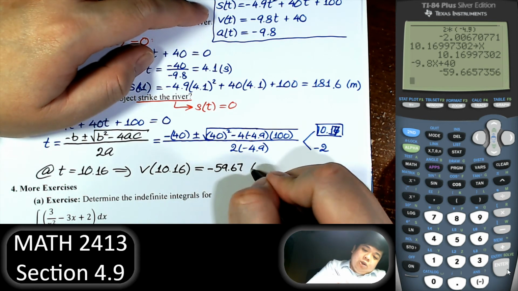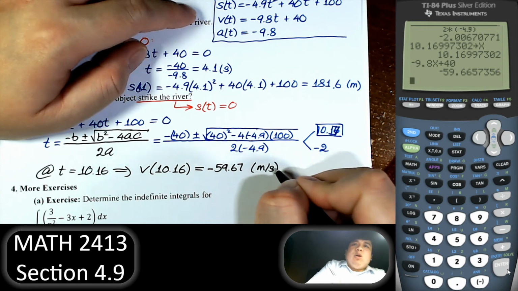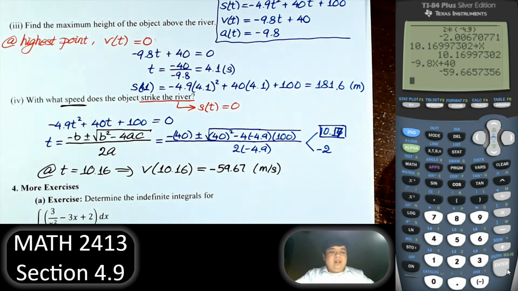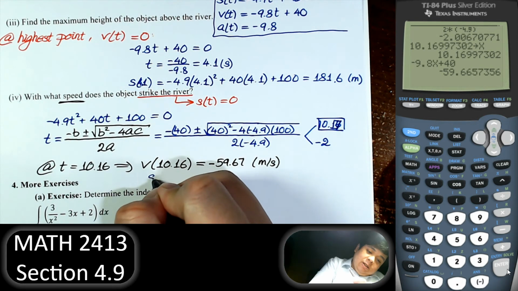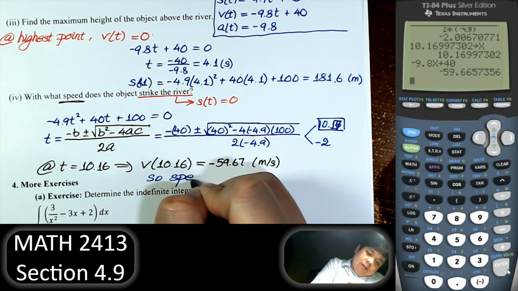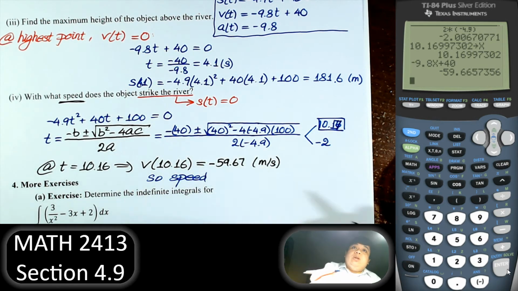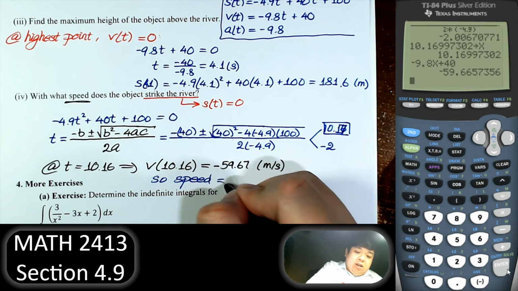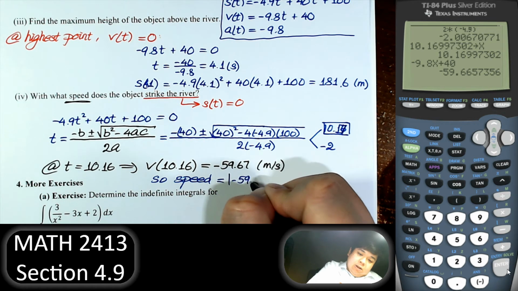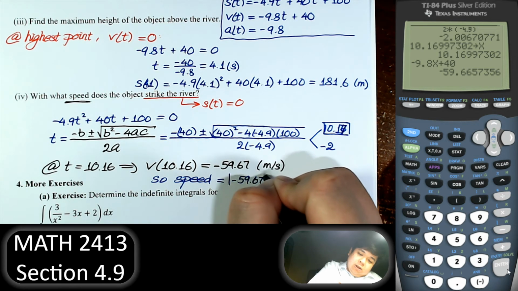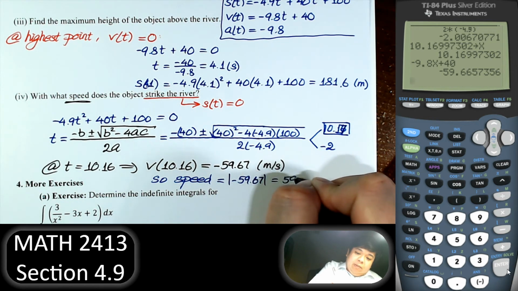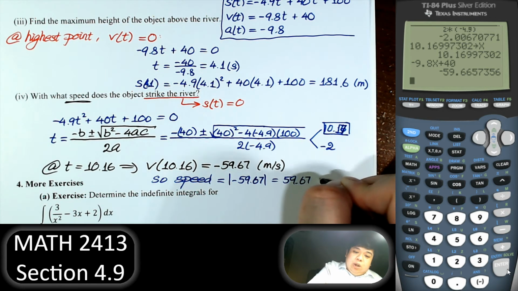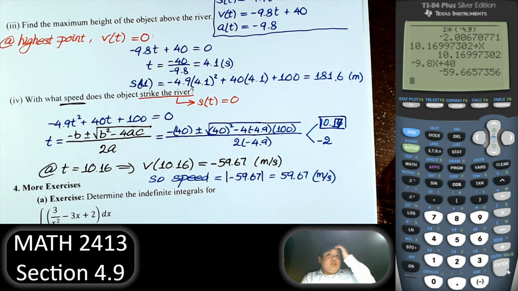If we want the unit meters per second, of course it should be negative, right? Simply because it's going down. But if we want the speed, we just take the magnitude or the absolute value of this. So that will be just 59.67. The unit is meters per second. So that is the speed.